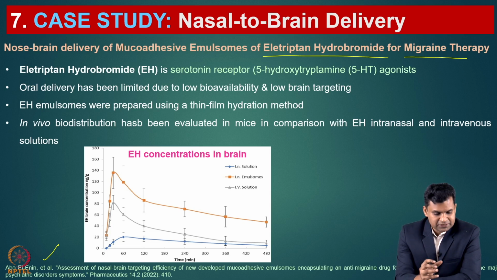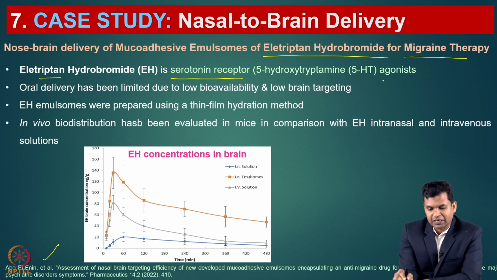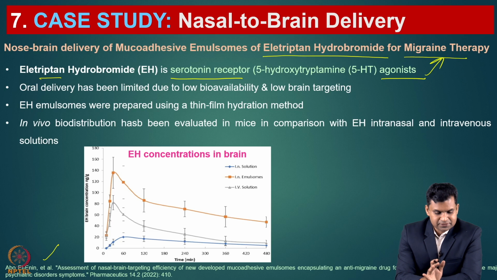As we know, these triptans are serotonin receptor agonists, which help in the treatment of migraine. But this drug has low bioavailability and low brain targeting.